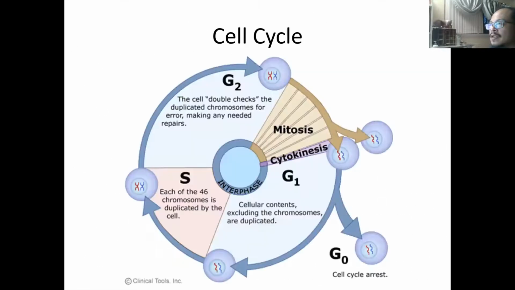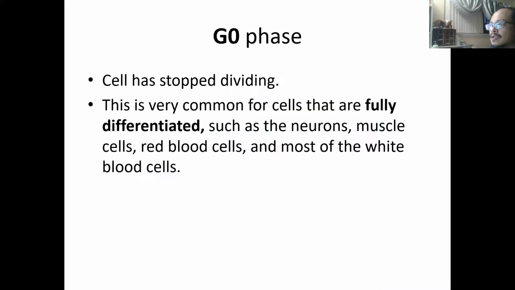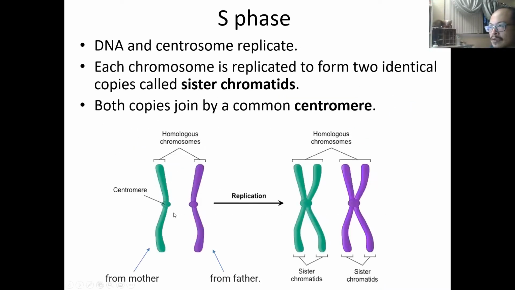All right, so during the S phase, each chromosome will make a copy of itself. When they make the exact same copy, we call these two sister chromatids. These two sister chromatids are identical to each other.